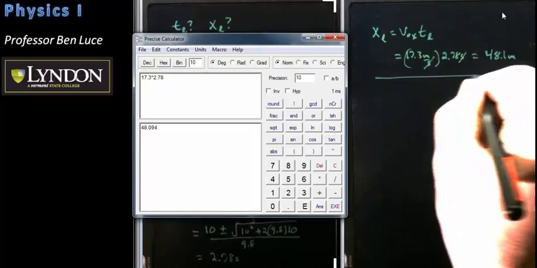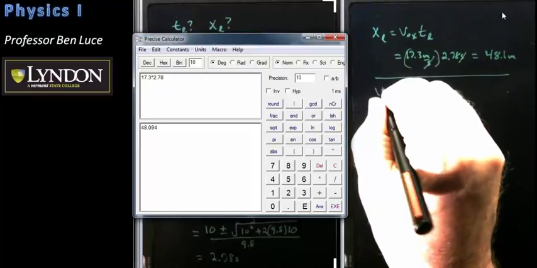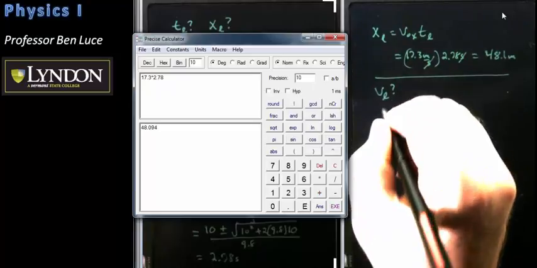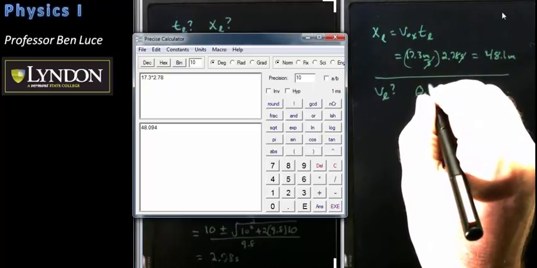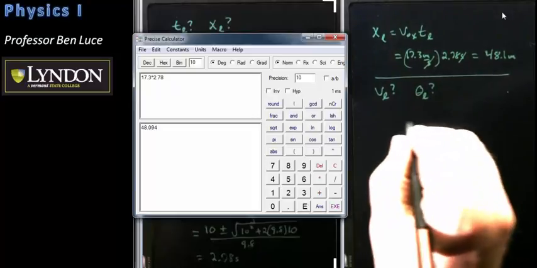Okay, now we can proceed and calculate the landing speed and the landing angle.